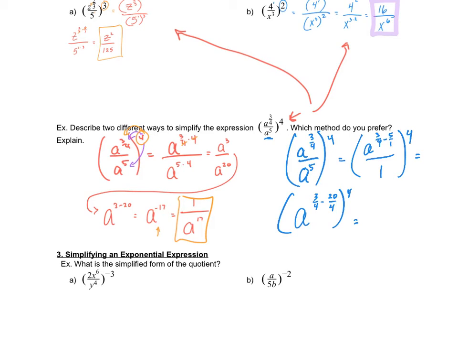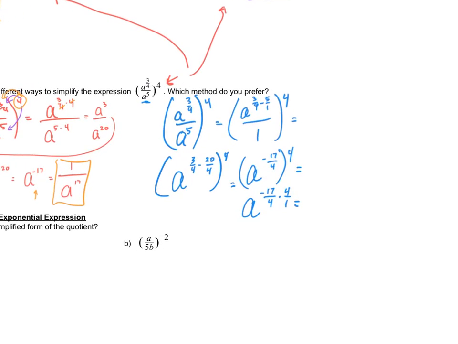That is going to give me a to the negative 17 over 4 raised to the 4th power, which is the same thing as a to the negative 17, 4 times 4 over 1, which is going to give me a to the negative 17, which we rewrite with a positive exponent as a to the positive 17.